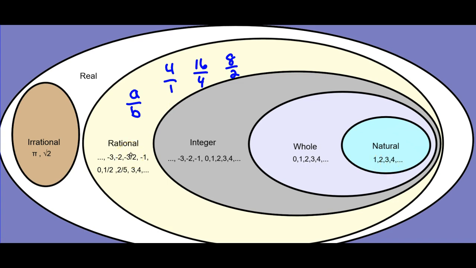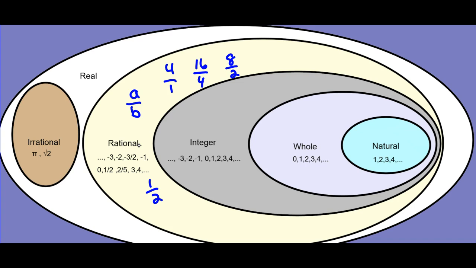But we also introduce this idea that it doesn't have to be a whole number. It could be a fraction of a number, like 1/2. That doesn't fall in the whole, natural, or integers, but it is a rational number. And we know the decimal equivalent of that is 0.5. So rational numbers start including our decimals that can be written as a fraction.